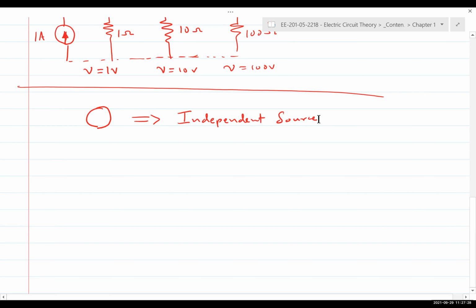There's a concept in electrical engineering of dependent sources. Dependent source. The symbol for a dependent source is a diamond, like this.